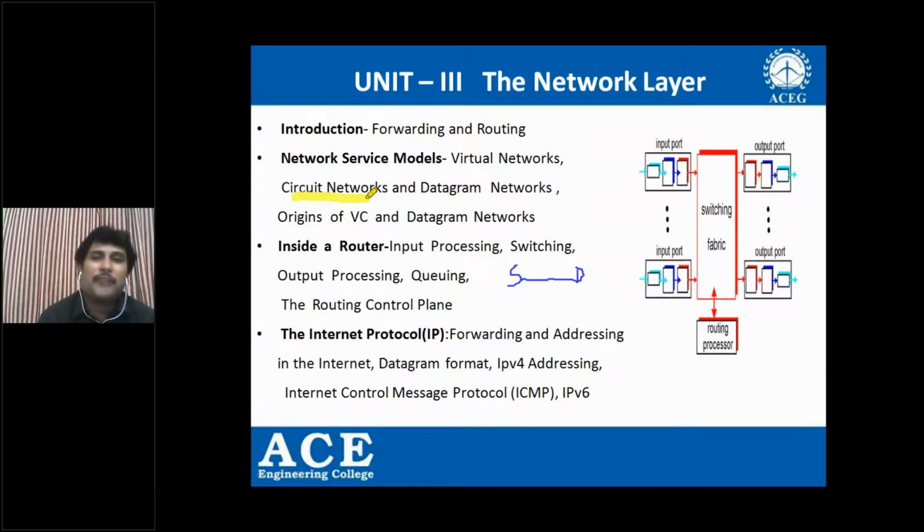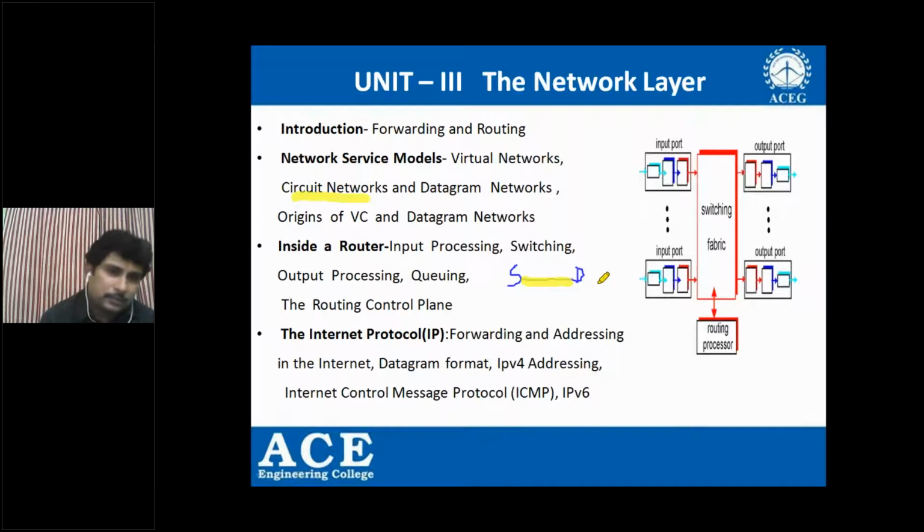Here also you have a path between the source and destination, but the only difference is this path is not only shared between one source and destination. We may have more than one device like S1, S2, S3, and at the destination you will have D1, D2, D3. Now which device will be using it and at which particular time will be identified by the multiple access protocols which we have discussed in the previous unit.